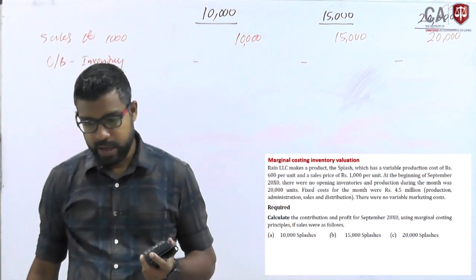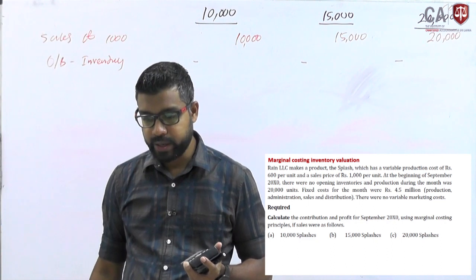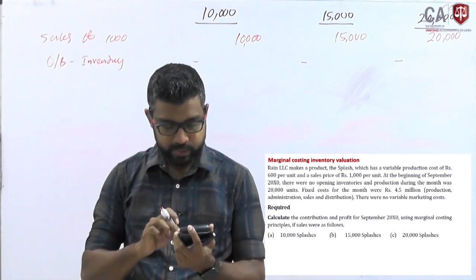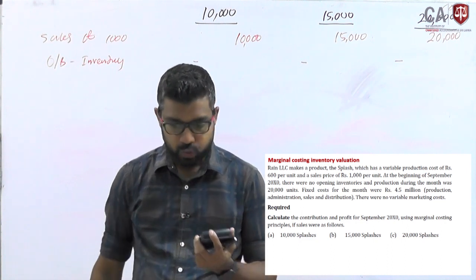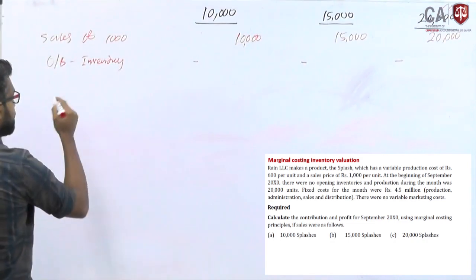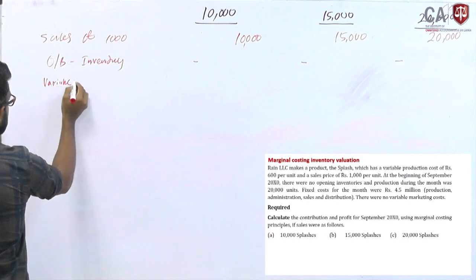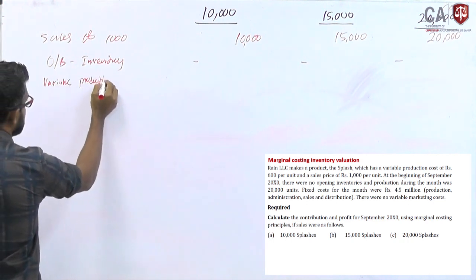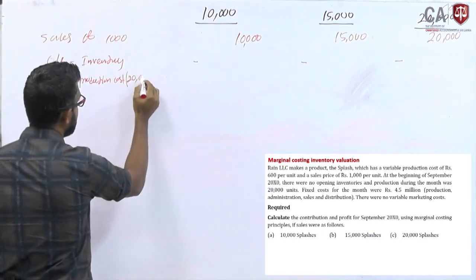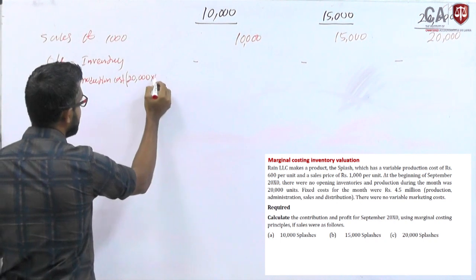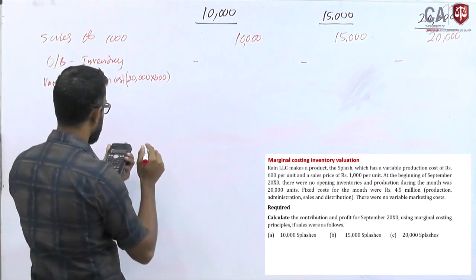And they have given some information. They have produced how much? During the month they have produced 20,000 units, which means variable production cost: 20,000 produced, per unit 600, which means 12,000.